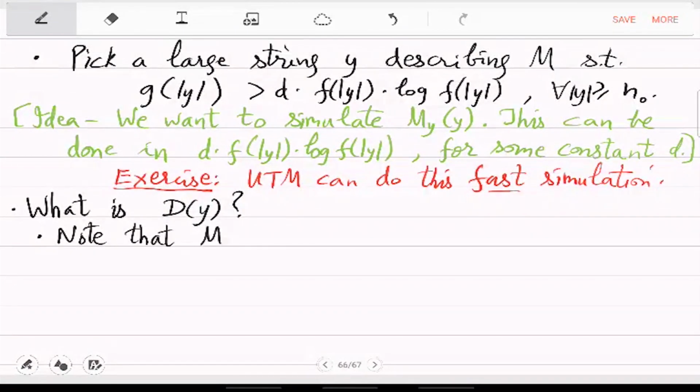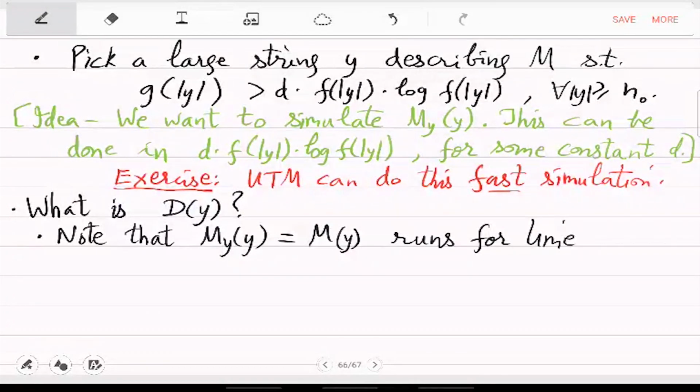So note that M_y of y is M running on y. y is a descriptor of M, right? So M_y is the same as M. It runs for time c times f of y and then halts.